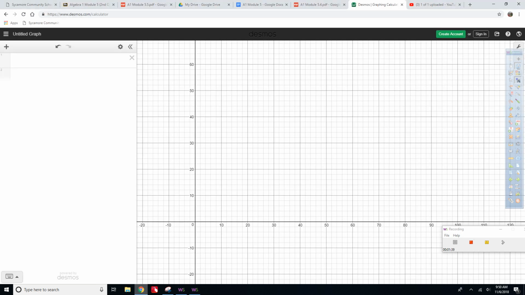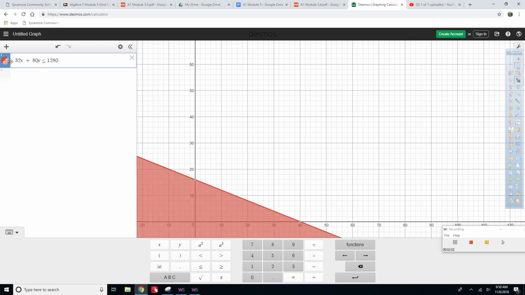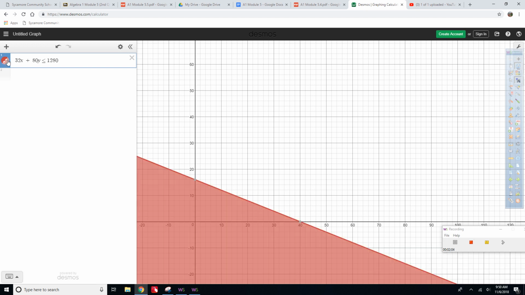So here we have Desmos pulled up. I'm going to type in 32x plus 80y. Down here is where my less than or equal to is, 1280. There it shades it for us, and I wish I could change the color on that, but I don't think I can.